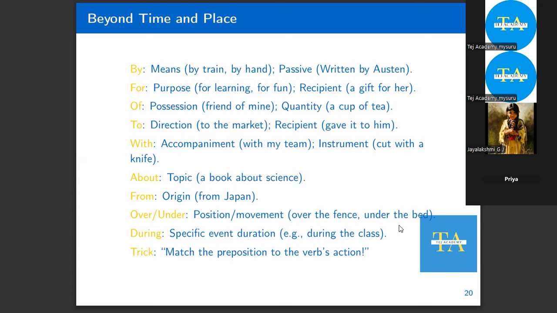And here is the trick: match the preposition to the verb's action. Okay, like if I give you the sentence, my friend painted this picture, we can find the action of the subject. When we find the action, verb's action means subject's action or the noun's action, because verb exactly means action itself.